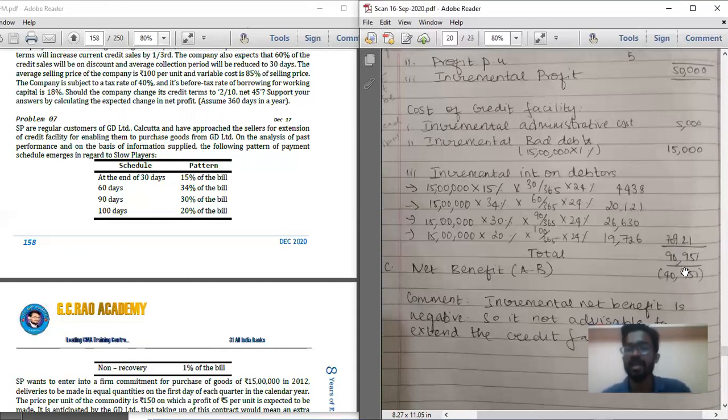There will be fractional differences. They have calculated 70,921, but if we total it, it is coming around 70,915. Change it to 70,915.